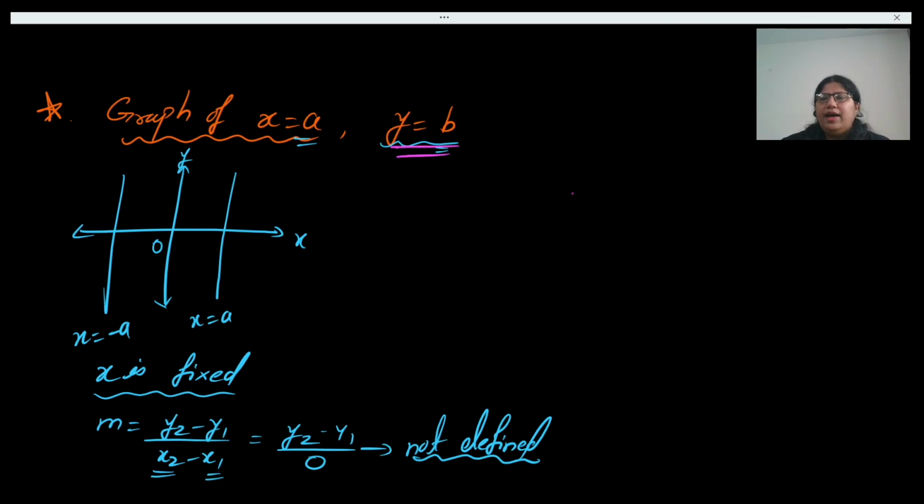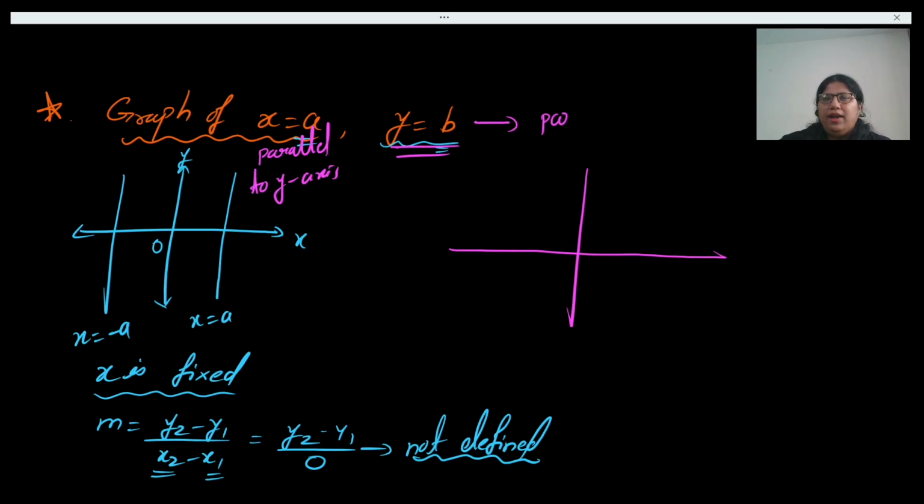Similarly, if I have y equals b, you can remember that y equals b will be parallel to the x-axis, right? So if this is the x coordinate, this is the y coordinate, this is the origin.